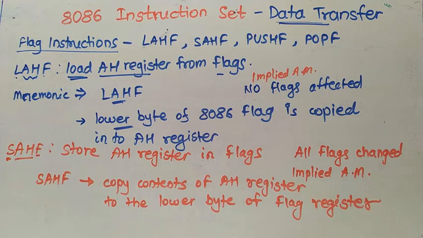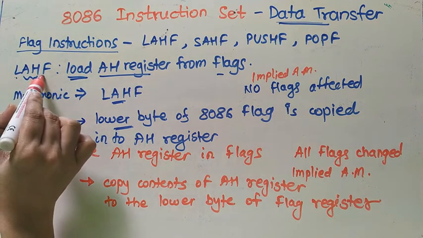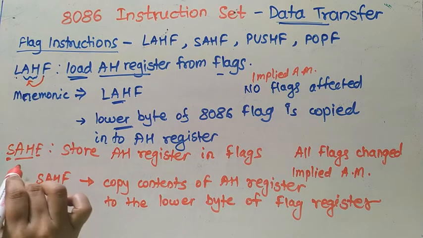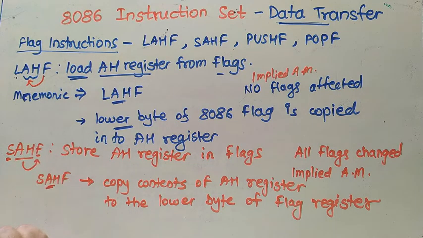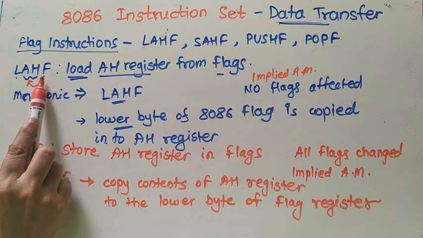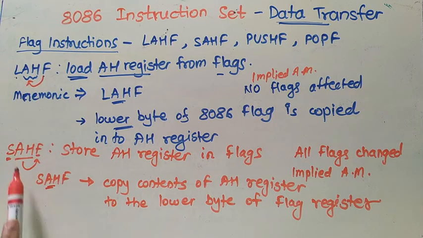In SAHF the contents of AH are copied to the flags, and in LAHF the flags are copied to AH. Here we can represent the direction. Contents are loaded from flag to AH and contents are stored from AH to flag.